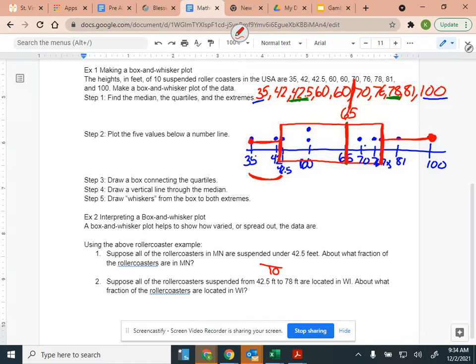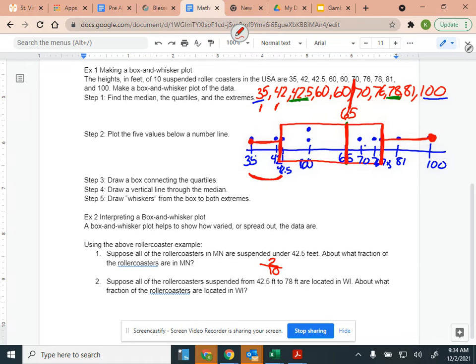If Minnesota is all below 42.5, how many are below 42.5, Tristan? 3. Below 42.5. There's only 2 that are below. We can't count the 42.5 because we want below. So there are 2 roller coasters out of the 10.